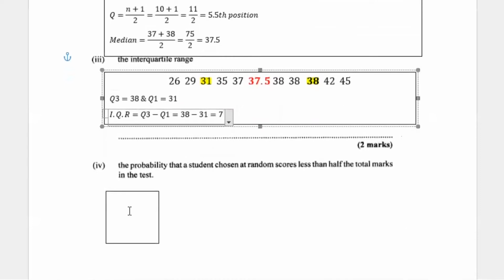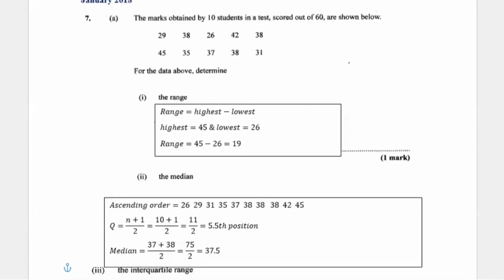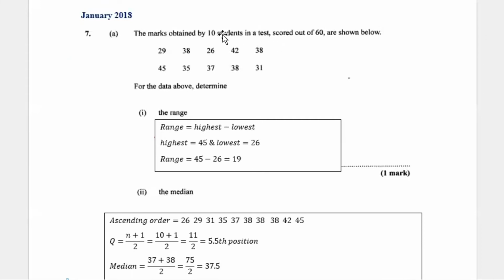Part 4 now asks us the probability that a student chosen at random scores less than half the total marks in the test. So let's go back up to see what the test was marked out of. So it's 10 students in a test scored out of 60.